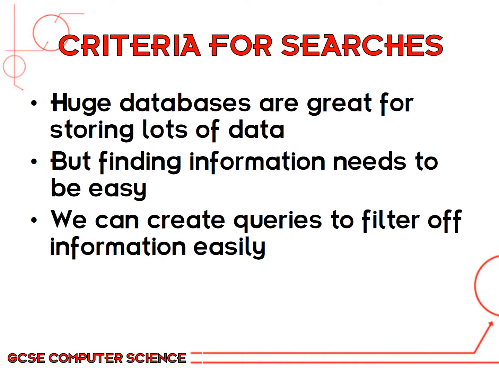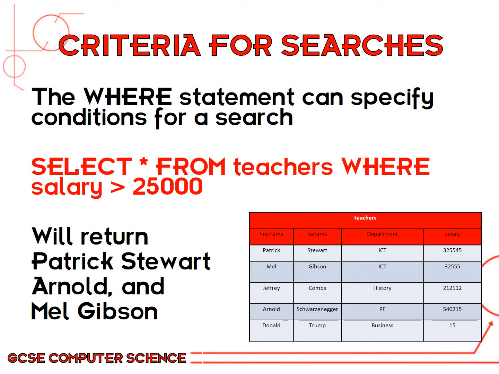Now when we are searching for things, some databases are huge and they've got lots and lots of information, so we need to create something called a query, and that allows us to filter off information a bit more easily. So we can do this by using criteria for searches. The WHERE statement is a condition, so it specifies a condition for a search.